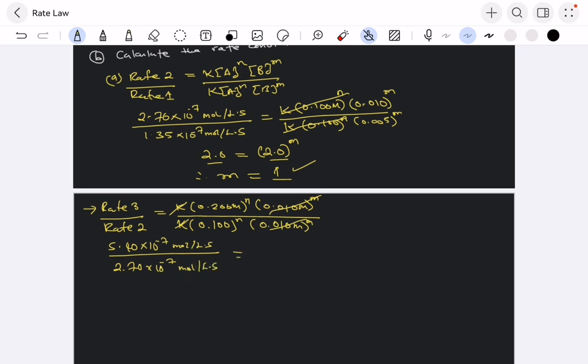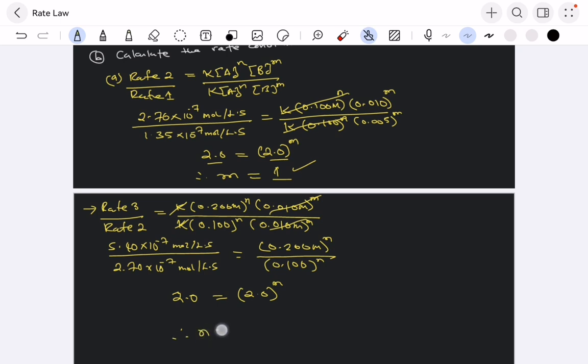So this comes down to 0.200 molarity to the n over 0.100 to the n. So this gives us a 2.0, then this gives us 2.0 to the n.